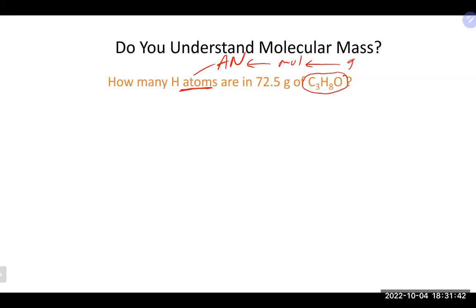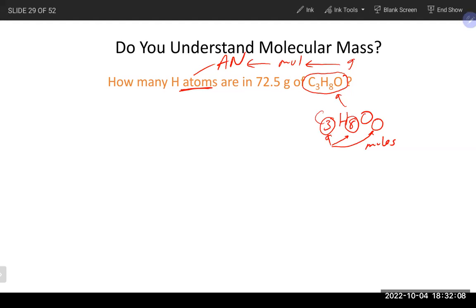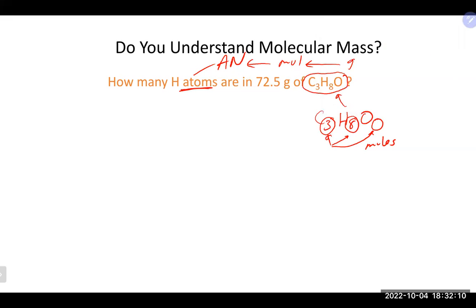We can start with converting it into moles. Before we do that, we can look at the actual formula. When we see the formula C3H8O, all of the numbers on the bottom represent the moles of each of those elements. So we can come up with some relationships from the formula. For example, in 1 mole of the entire compound, there are 3 moles of carbon.